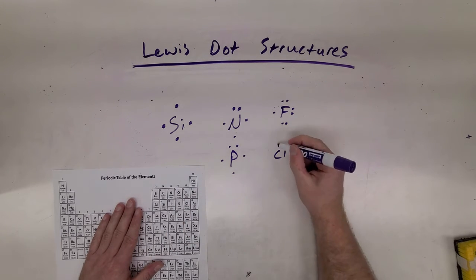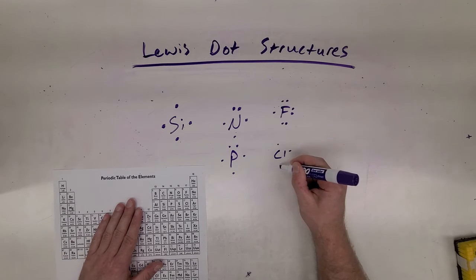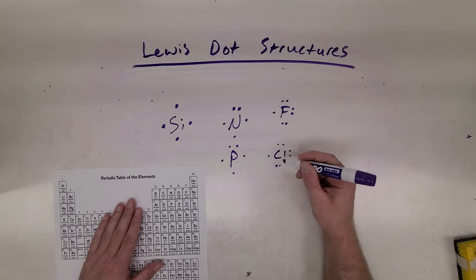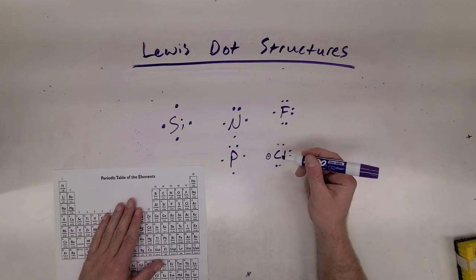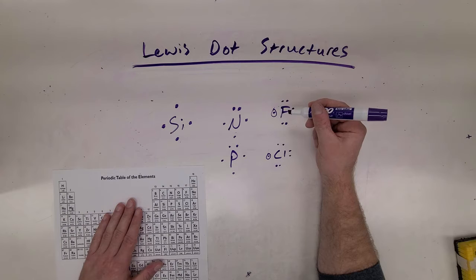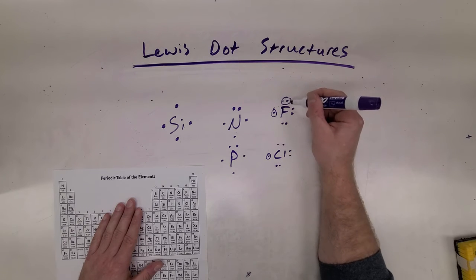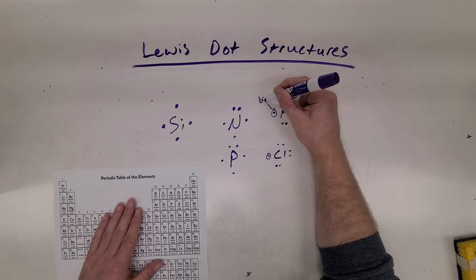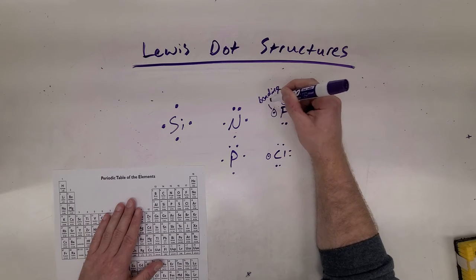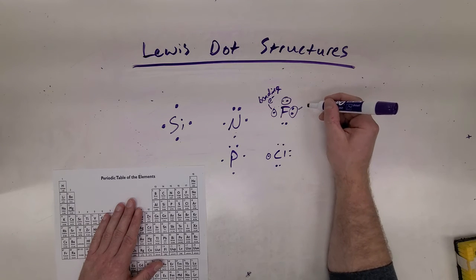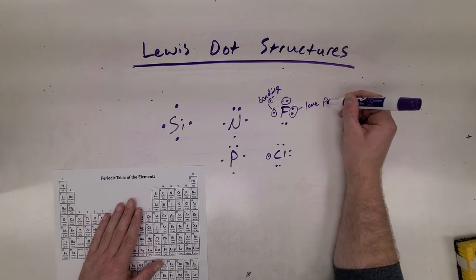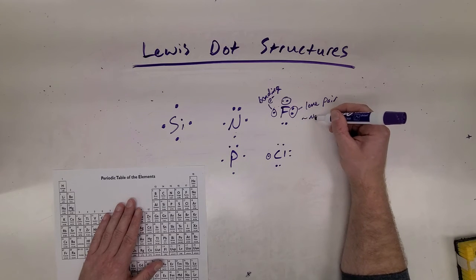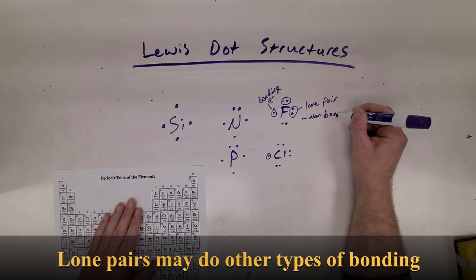In that column, they are all going to have the same number of valence electrons, with 1 electron available for bonding. These ones form lone pairs. This would be a bonding electron. These would be lone pairs, normally non-bonding.